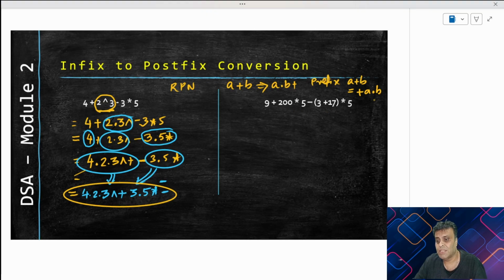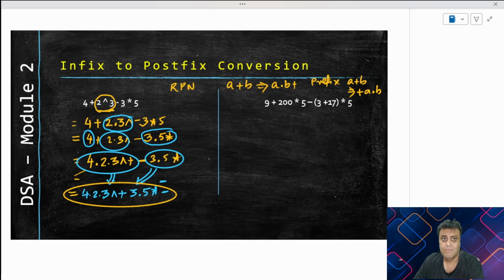So that is something that you should remember, that postfix and prefix actually come from the Polish notations. So normal Polish notation is prefix, which is a plus b equals plus a b, and reverse Polish notation is where the operator goes to the right of the operands, which is a b plus, right? And infix, as you know, is where the operator is in between. So that's basically your infix, postfix and prefix.